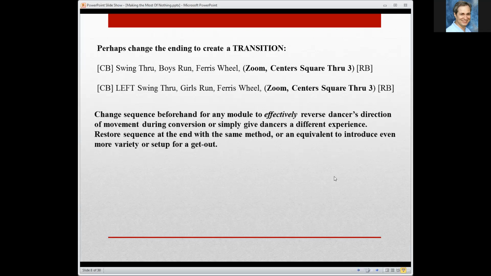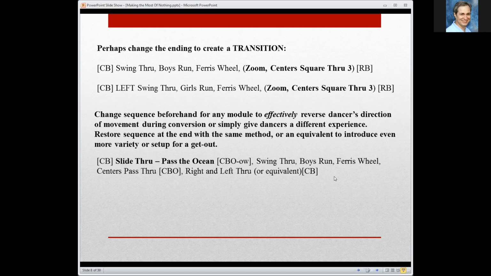So if we change the sequence beforehand on just about any module, that's a conversion type of module, we effectively reverse the dancer's direction. And so it kind of creates a different experience. We can restore the sequence at the end of the same module, and you get a little bit more variety for the same kind of get out.